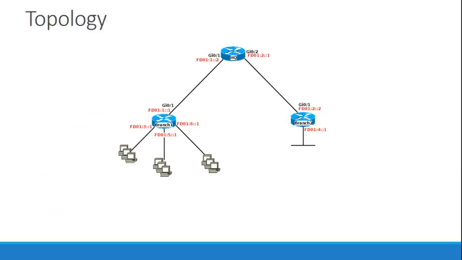Here's the topology we're going to work with, the same topology we worked with before. The only difference is now we've configured IPv6 addresses instead of IPv4 addresses. For this video, the configuration portion will take the longest. I did already pre-configure HQ's addresses and branch 2's addresses.